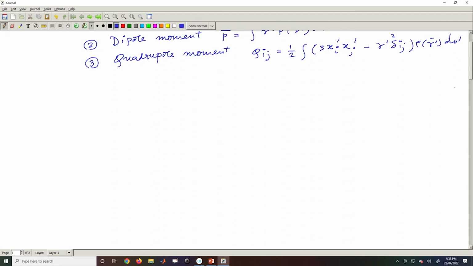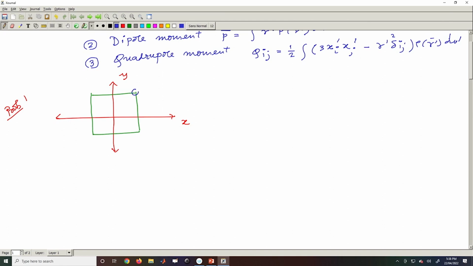So, let me first write down the problem. It is problem 1. I have a coordinate system like this. Suppose this is my x and this is my y, and we have 4 point charges distributed like this.